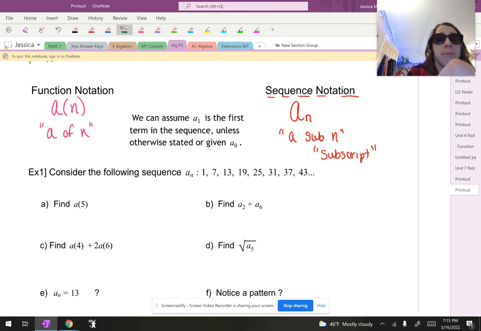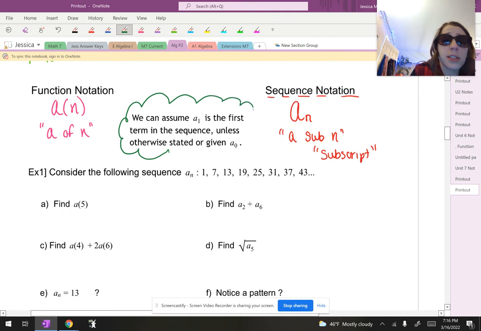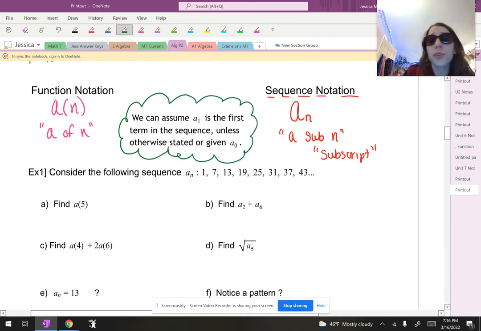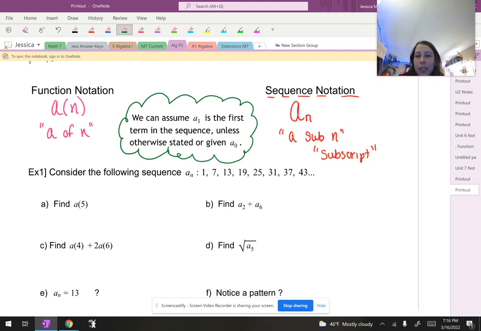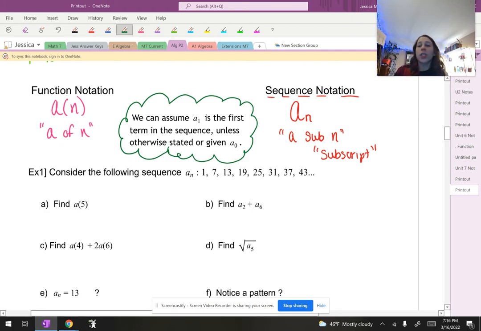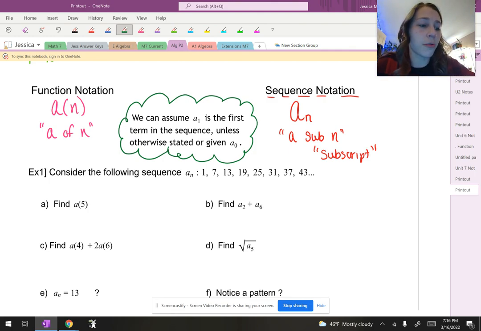Too much talking today. All right, now this little thing right here, we're going to bubble this because this is very important. If we're talking about a list of numbers, if we're talking about counting something, when I'm counting something, what do I start with? You start with 1. You don't count 0, right? You're not counting, oh, I have 0 to 1, 2, 3 apples. No, you have 1 and continue onward.